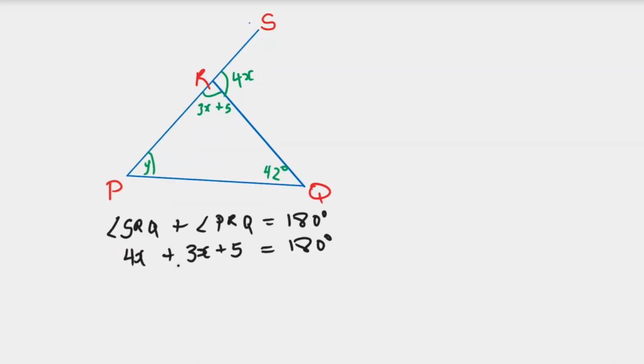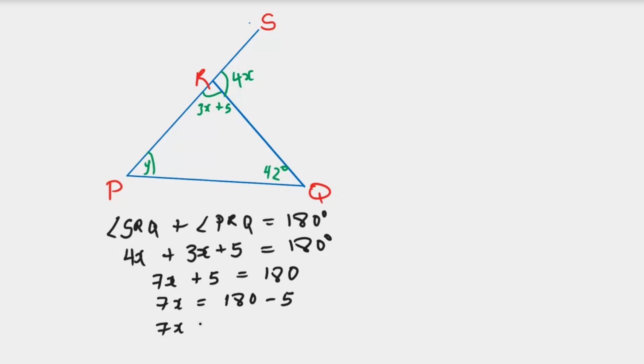4x plus 3x is going to be 7x plus 5 is equal to 180. So you can take 5 to the other side so that we get 7x equal to 180 minus 5.